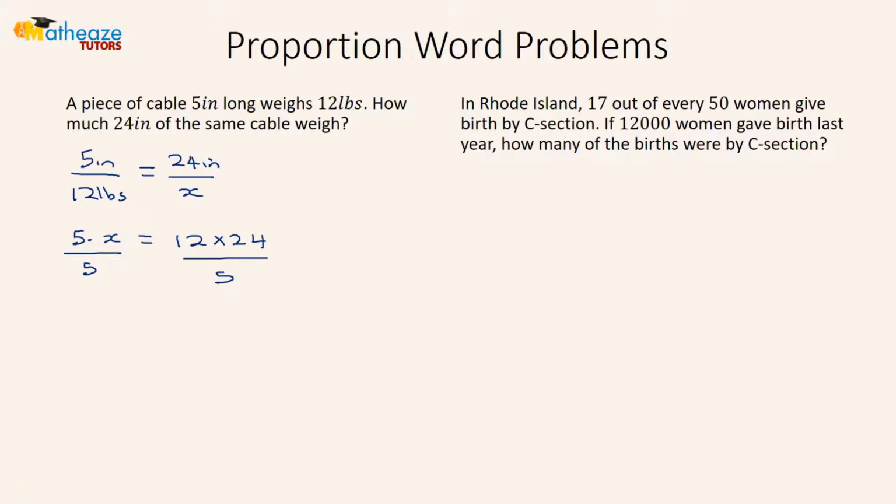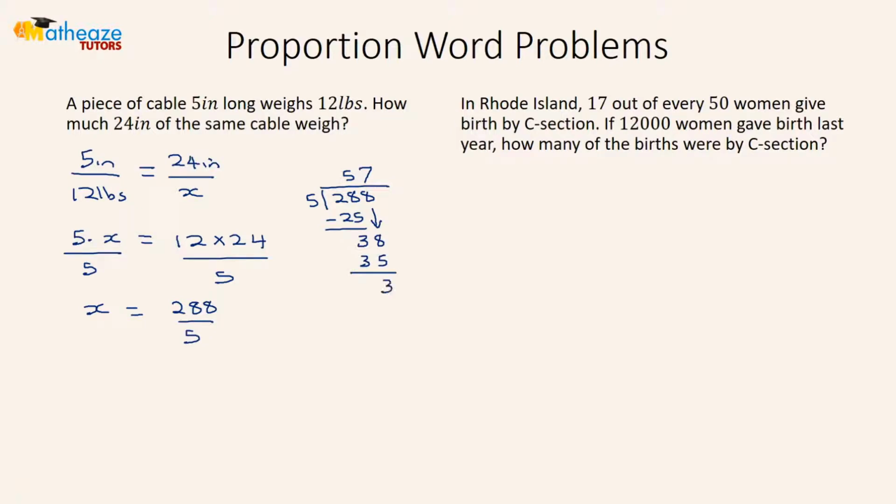So we have x is equal to 288 divided by 5. Let's do that right here. 28 divided by 5 gives us 5. 5 times 5 is 25. We subtract. We have 3. We bring down the 8. 38 divided by 5. That should give us 7. 7 times 5 should give us 35.